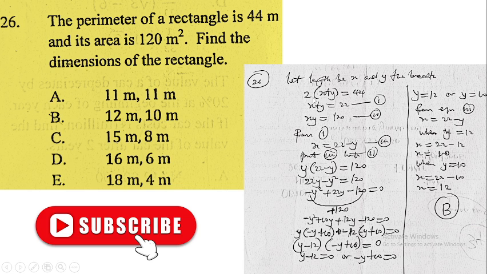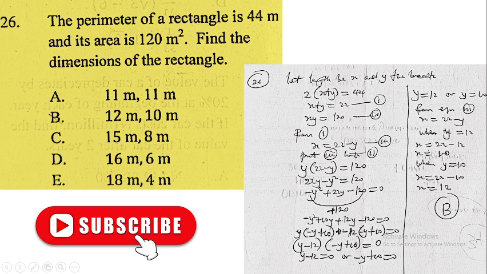In this case, let the length be x and y the breadth. Then the perimeter is 2 into x plus y equals 44, as we have been given here. Then 2 can go into 44, so we have x plus y equals 22. You can call that equation 1. For the area, which is length times breadth, xy equals 120.